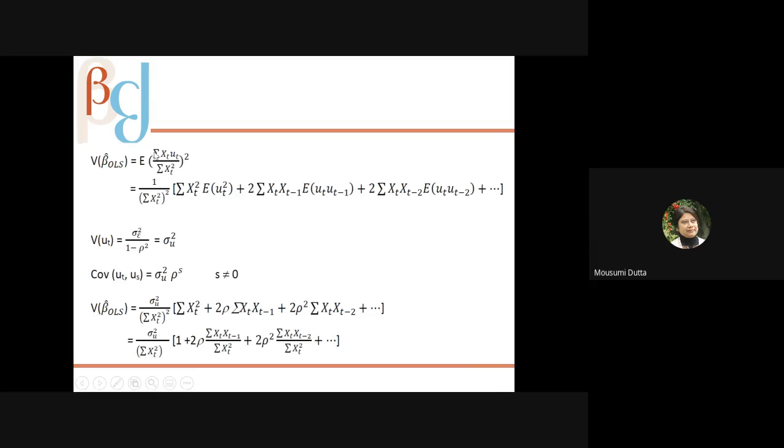So the variance of beta hat OLS is equal to the expectation of summation xt ut divided by summation xt square, whole square of that. Next, we are expanding the series. Actually, in the numerator, we have a1 plus b1 plus c1 whole square of that. That is x1 u1 plus x2 u2 plus x3 u3 up to infinity. The process is going on.